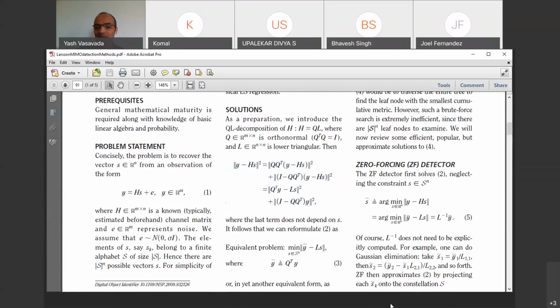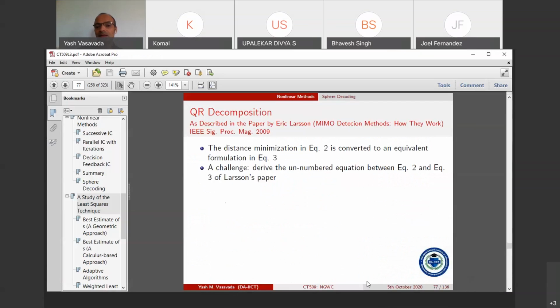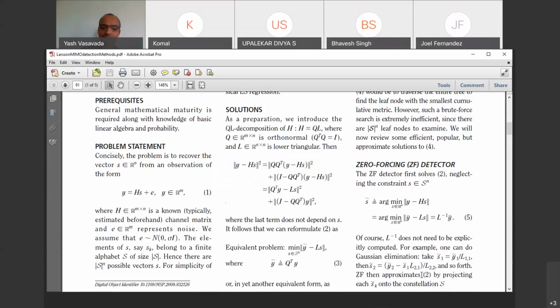I am not going to get into that. I'm asking you to derive this unnumbered equation between equation 2 and equation 3. It will be a challenge, okay? It's not trivial. See, this paper is very nicely written.